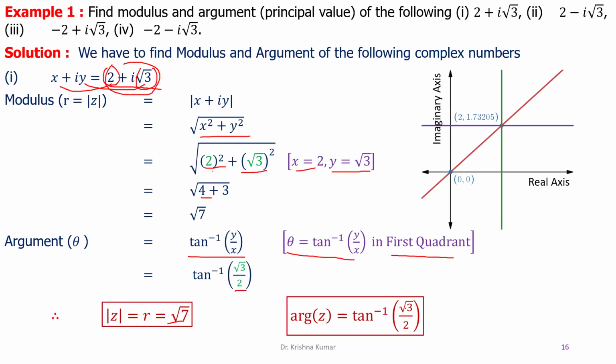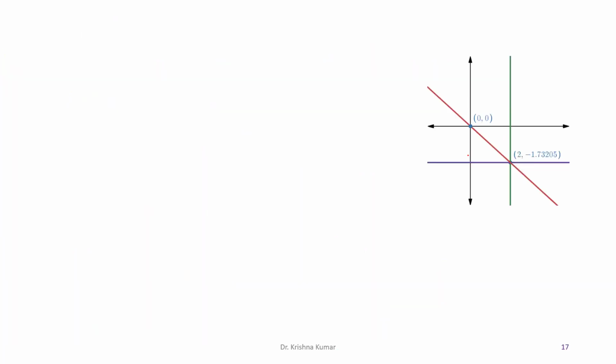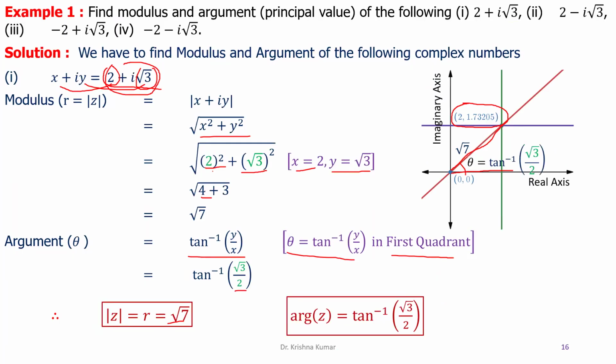Now we can show this complex number in the Argand diagram. This is the complex number 2 plus root 3 i, this is its modulus, and this is the argument theta equal to tan inverse of root 3 by 2. So this is the modulus and argument of the complex number 2 plus i root 3.